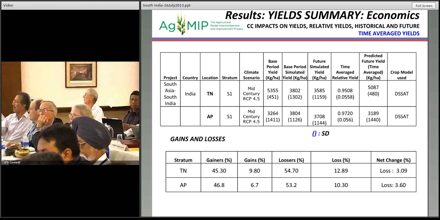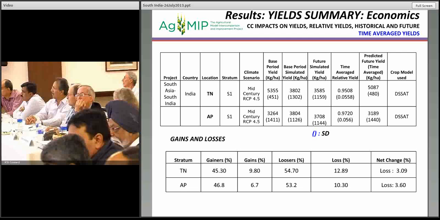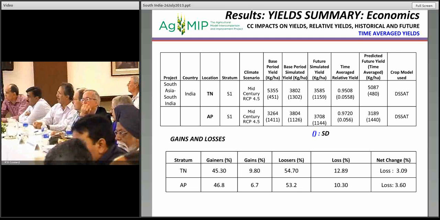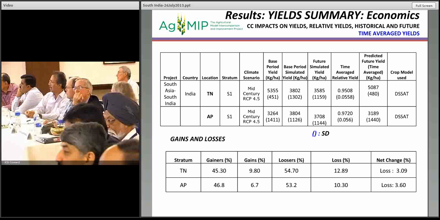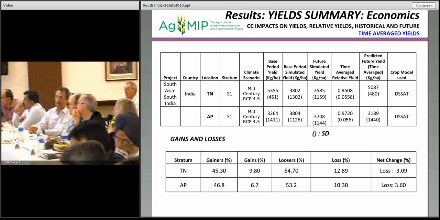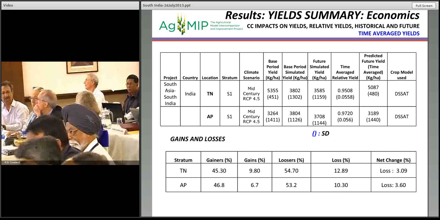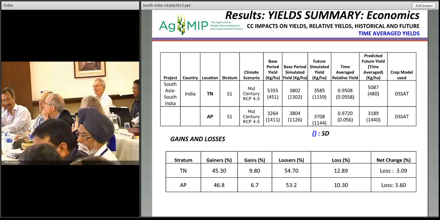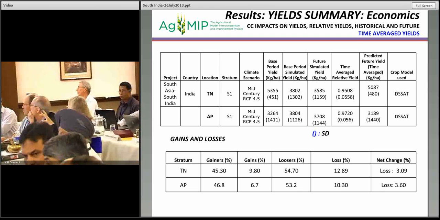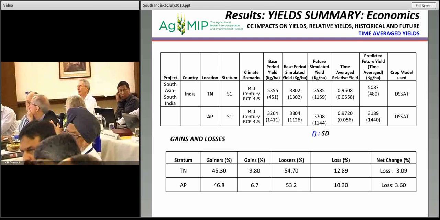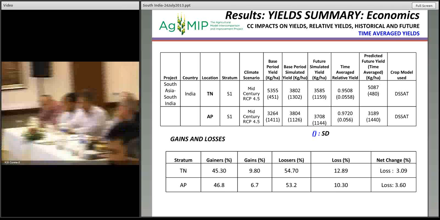But then, when you look at the gainers and losers for both systems, in terms of the percentages, they're really quite close. So what is it in the economic system that is compensating in Andhra Pradesh to make the gainers and losers about equal? Is that an interpretation question?